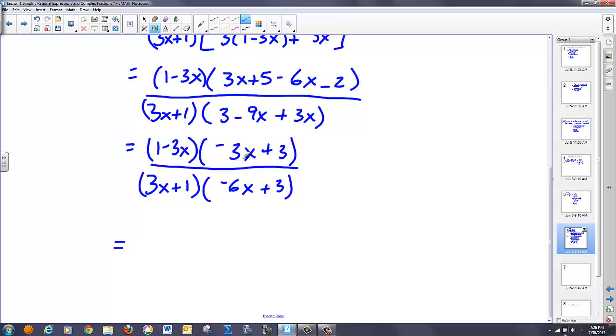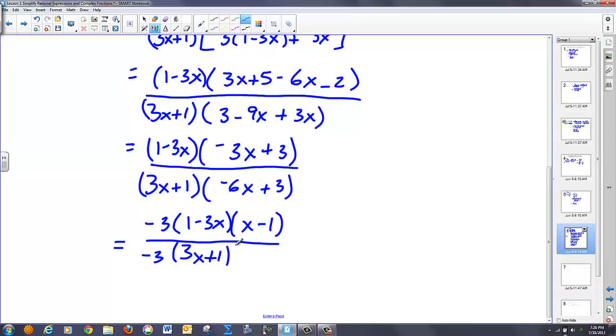I can pull a negative 3 out of this first term, giving me 1 minus 3x times x minus 1. And in the bottom, I can pull out a negative 3, leaving me with 3x plus 1 times 2x minus 1.